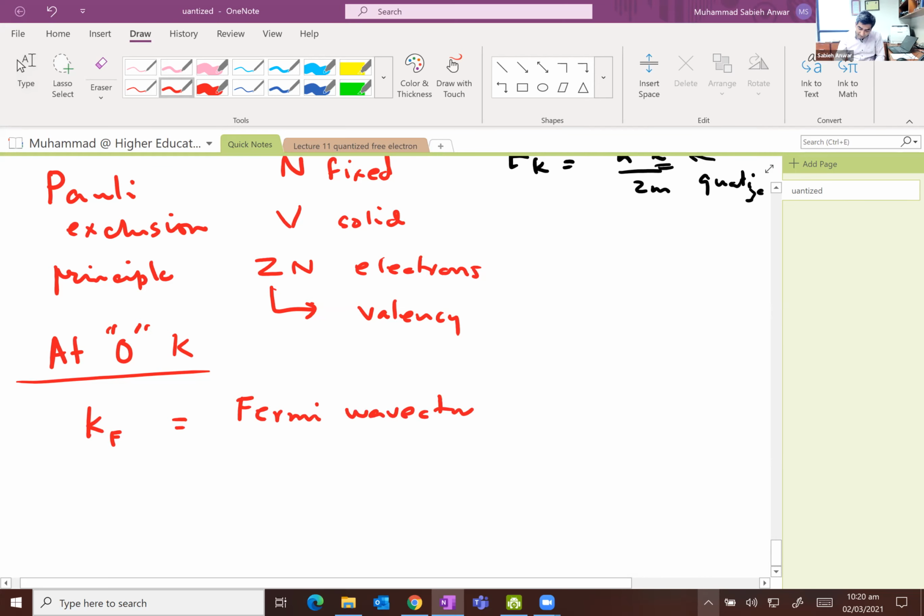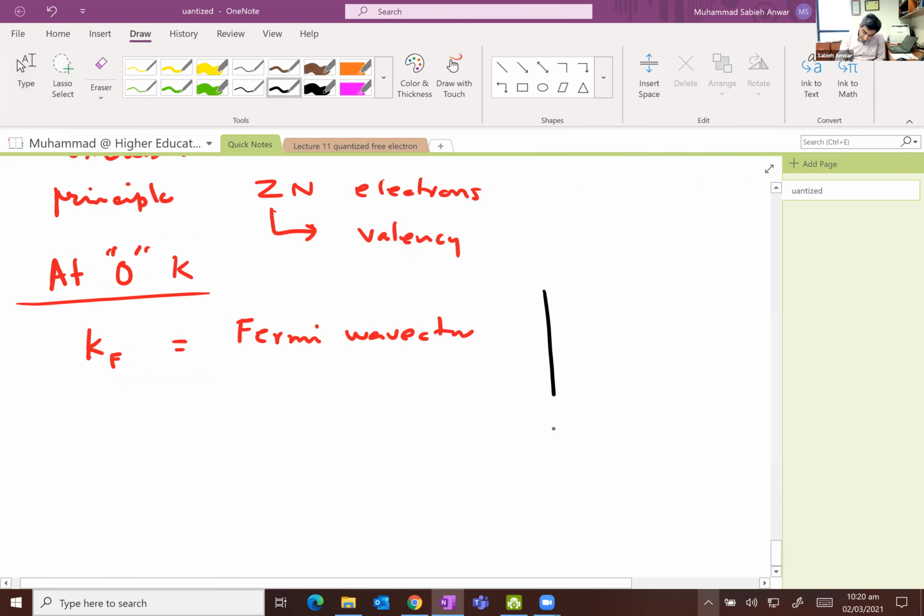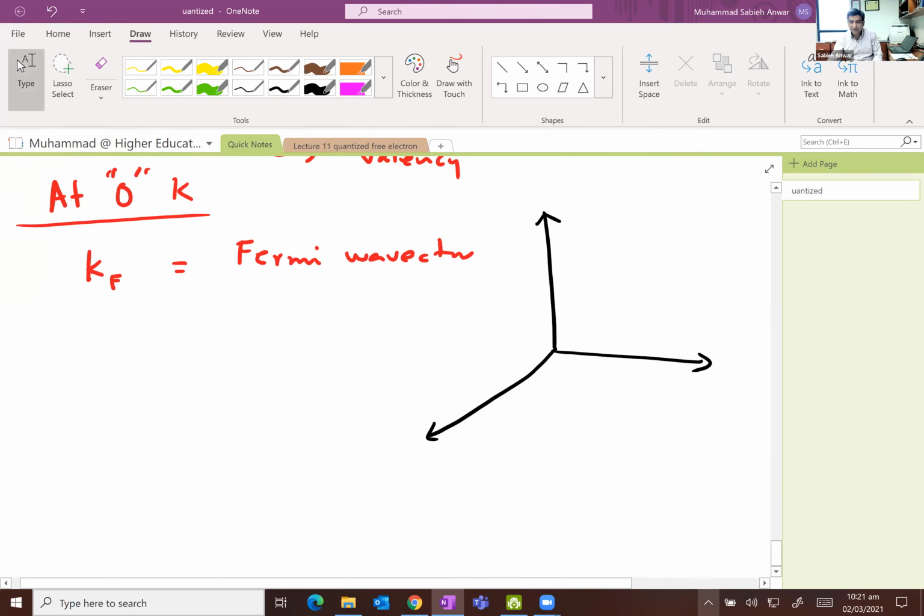Now I'm going to focus my attention on three dimensions, and I'm going to look at the K space only. I can either look at things in the real space, the direct space, or the K space. It doesn't matter. Both of them are equivalent representations. So I have Kx, Ky, and Kz, and I have points, the K points, because K is quantized.